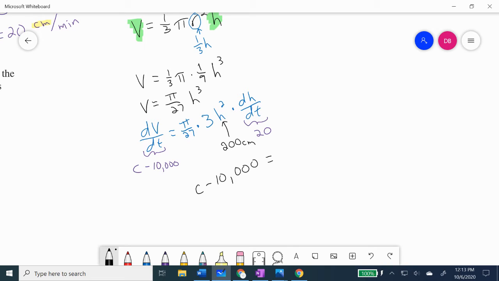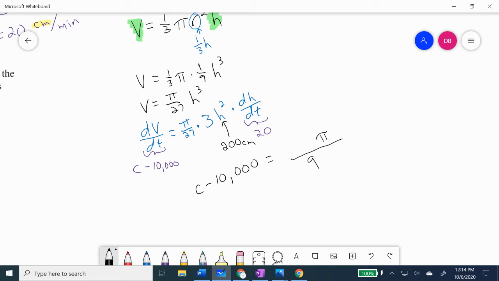I'm going to grab a calculator. I'm going to keep the pi going. And I have 3 divided by 27 is actually going to give me 8 divided by 9. I guess I'm not using a calculator.